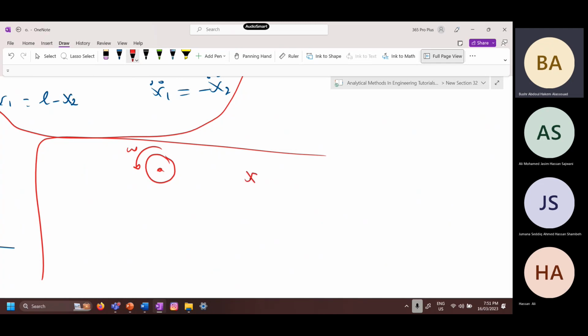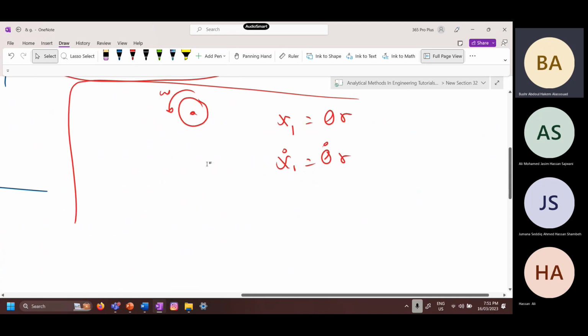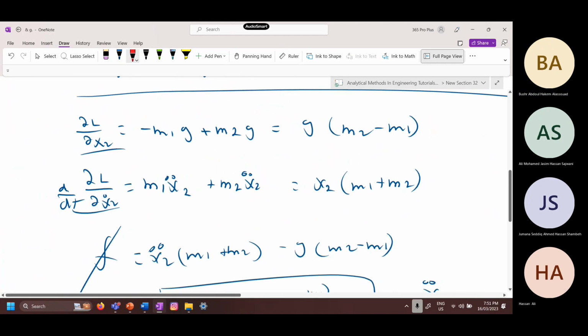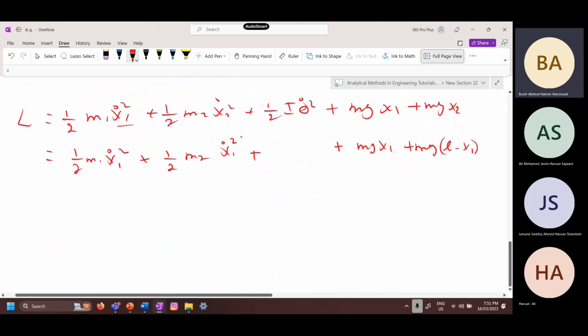So x1 equals theta r, and the derivative with respect to time gives x1 dot equals r theta dot. So we change it: theta dot equals x1 dot over r. Keep this method in mind. So half I (x1 dot over r) squared.